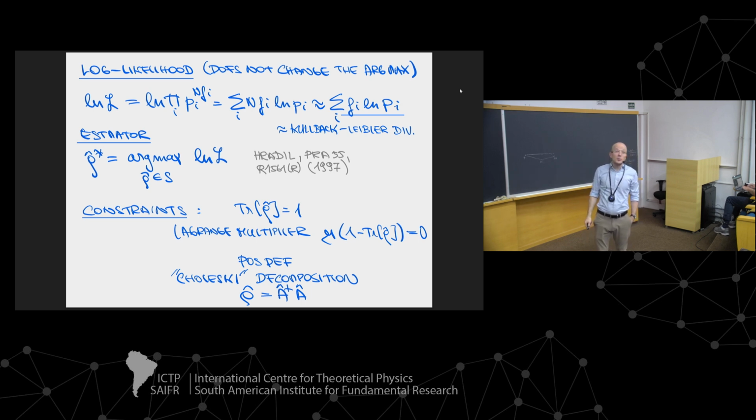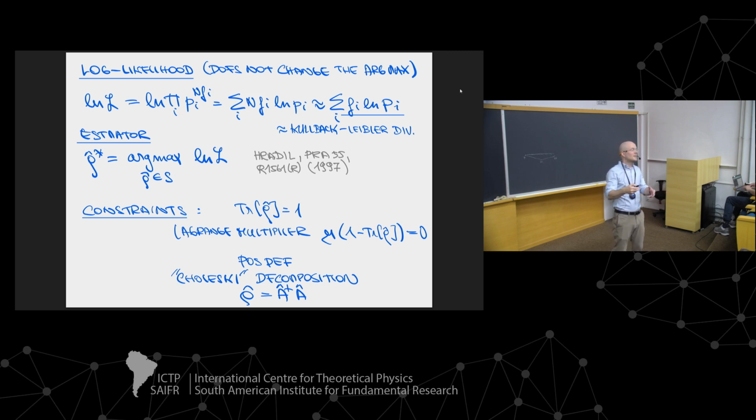And if you remember the so-called Kullback-Leibler divergence, the distance between two probability distributions, of course, this is not it. There are other terms, but the other term is just an entropy of, in our case, the data. But for given, fixed data, it doesn't depend on the quantum state.